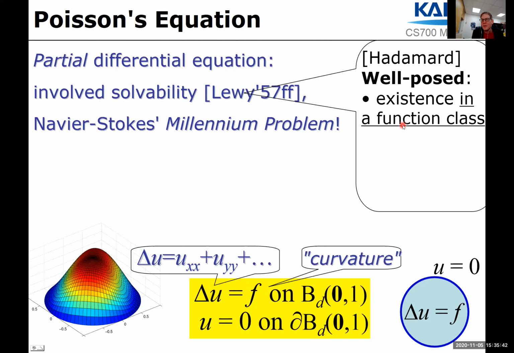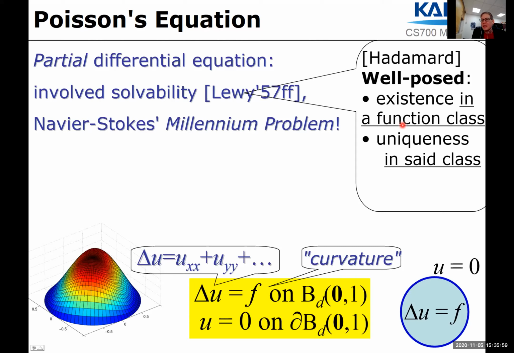So in this case, we might consider the set of twice continuously differentiable solutions as a solution space, but it turns out that this is not in general the right class, which I'll say more about in a minute.